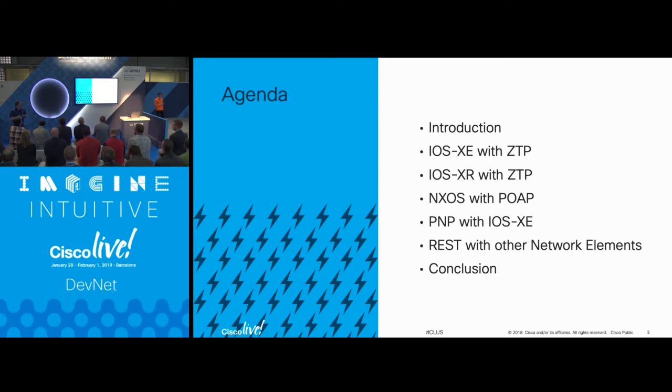We're going to talk about leveraging some of that plug and play using APIs with Cisco DNA Center. So we'll cover that a little bit. And then I'm going to touch on a bit on using other toolkits like REST to do programming for network elements as well. And then we'll wrap up. We'll get all that done in about 45 minutes. So hopefully it'll be a good journey here.